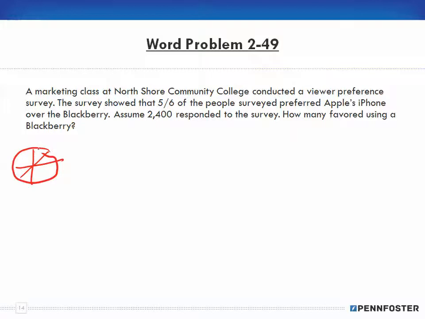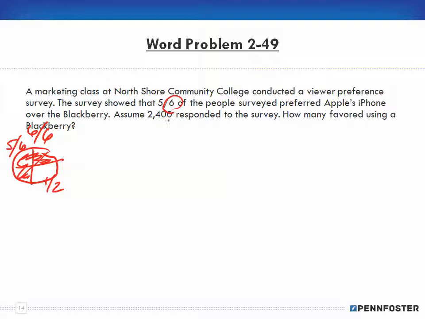Okay, I realize it's not even, but since we're talking about sixths here, the whole represents 6/6, and 5/6 prefer Apple's iPhone, and that means 1/6 prefers BlackBerry.